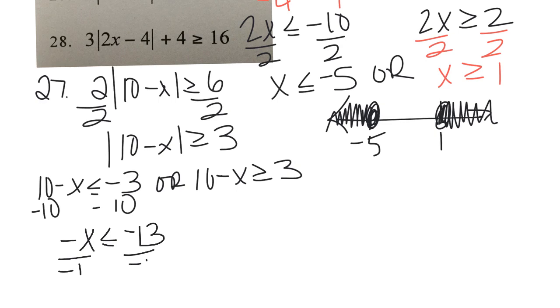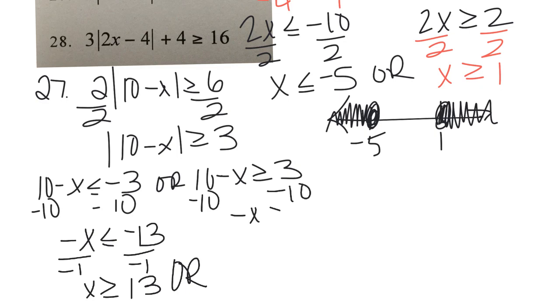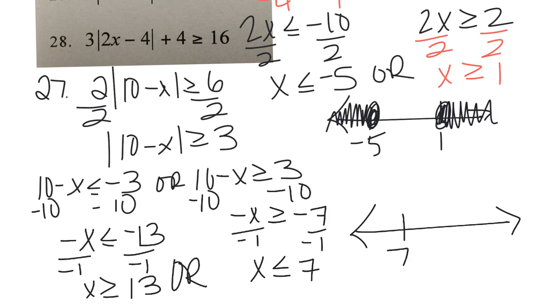Divide by negative 1. X is greater than or equal to positive 13. Or minus the 10. Negative x is greater than or equal to negative 7. Divide by negative 1. X is less than or equal to positive 7. So here our answer is less than 7 with a closed circle, and greater than 13 with a closed circle.